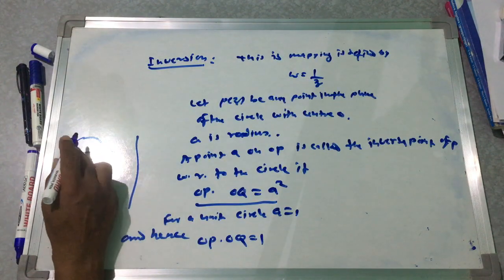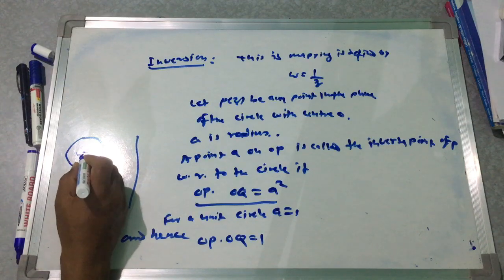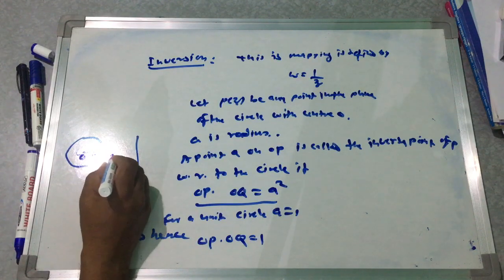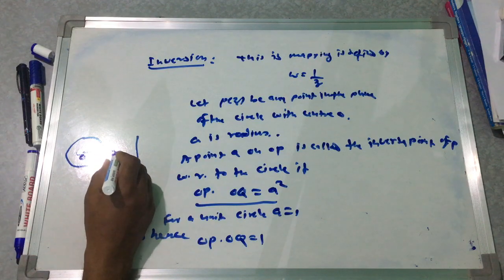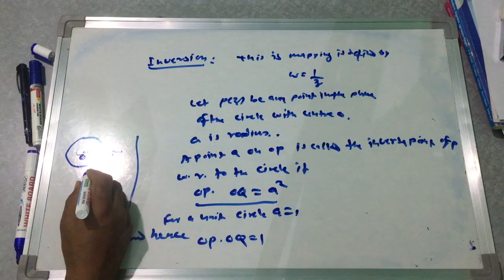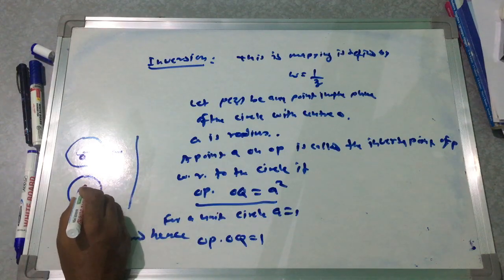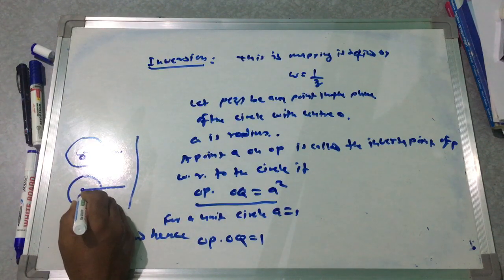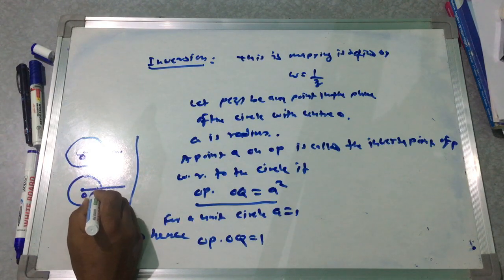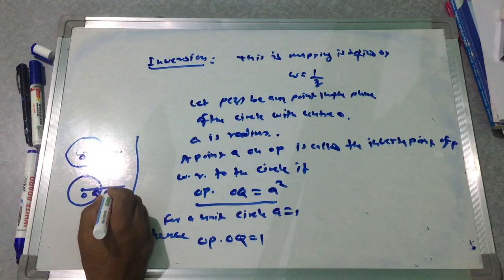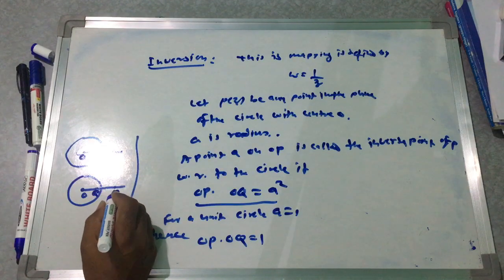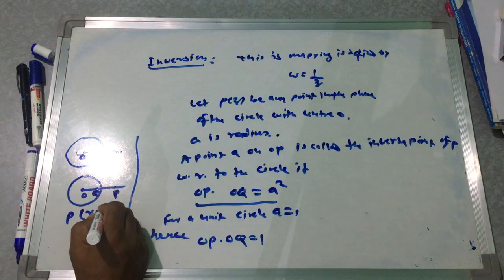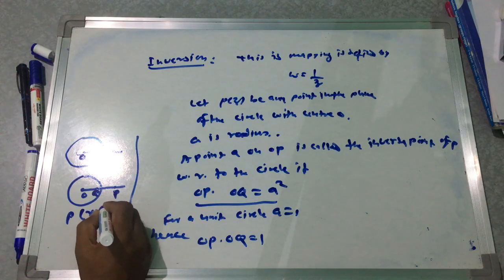This is the point Q. Here is P, here Q, and again here this is the point O, this is Q, and this is P. So in the polar form, let P be R into e to the power i theta.